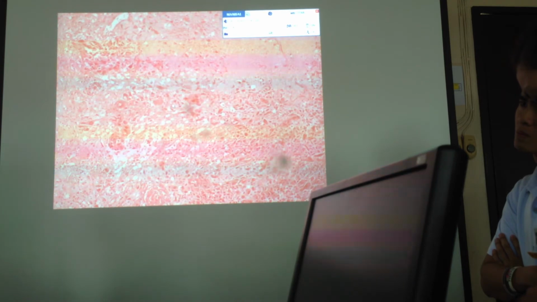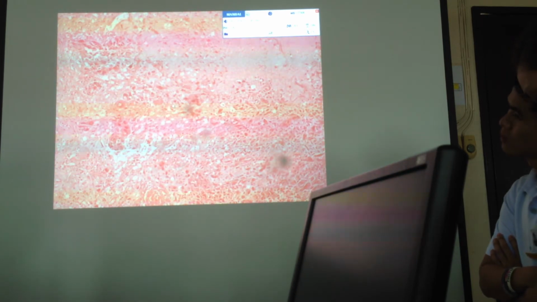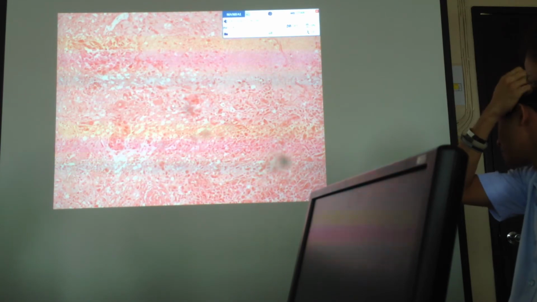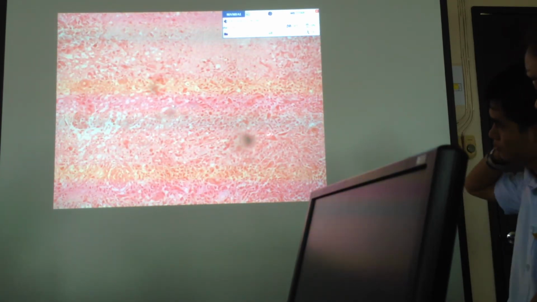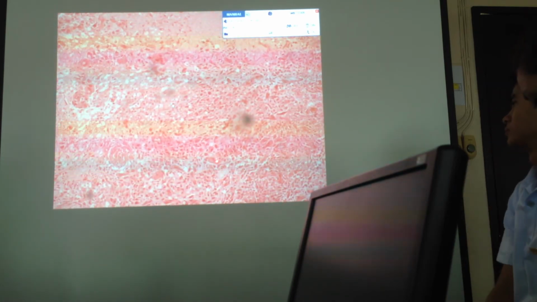But in choriocarcinoma, you can see only two. Okay? We have the cytotrophoblast and the syncytial trophoblast. Pag sinabi mong syncytial, these are the large cells. It can be multinucleated. Ito, like this one. You have abundant cytoplasm. So these are examples of syncytial trophoblasts.